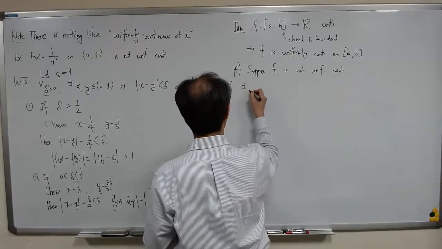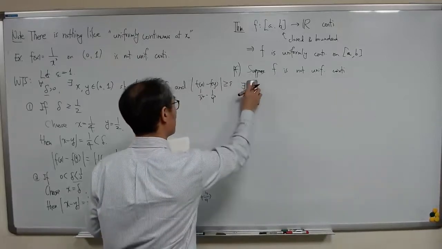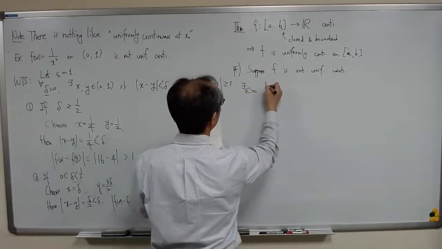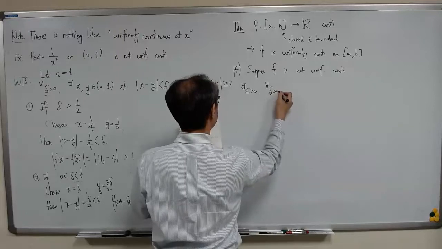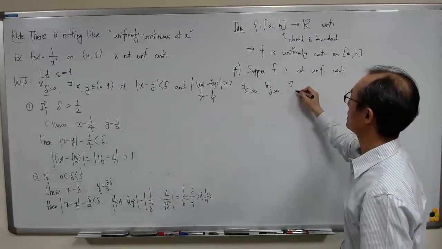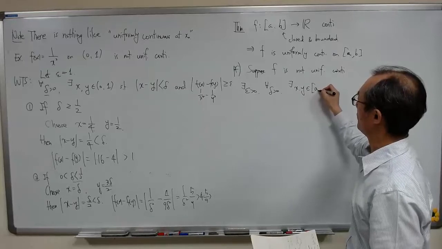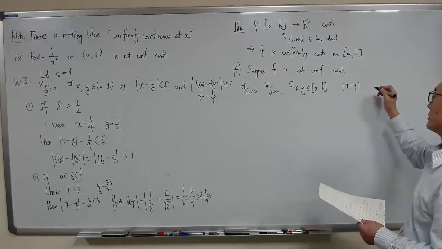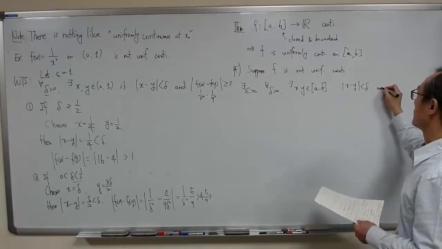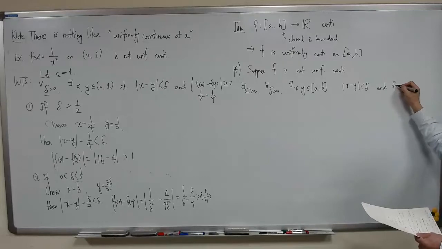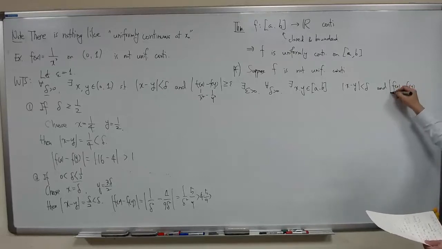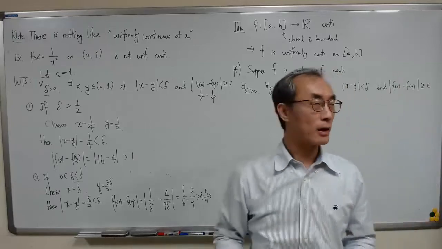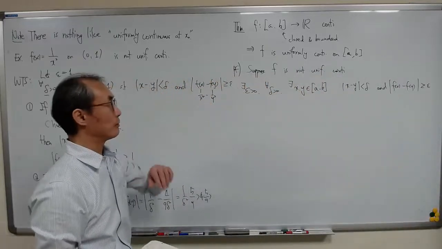Then there exists epsilon such that for all delta, there exist x and y in the domain of definition such that the difference between x and y is smaller than delta, but the difference of f of x and f of y is greater than or equal to epsilon. Again, the negation of uniform continuity.